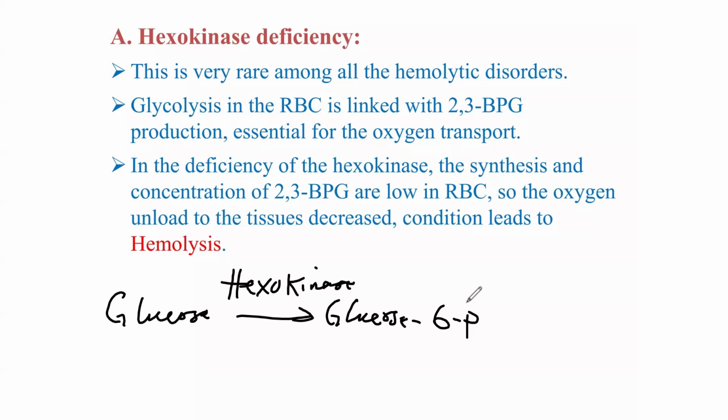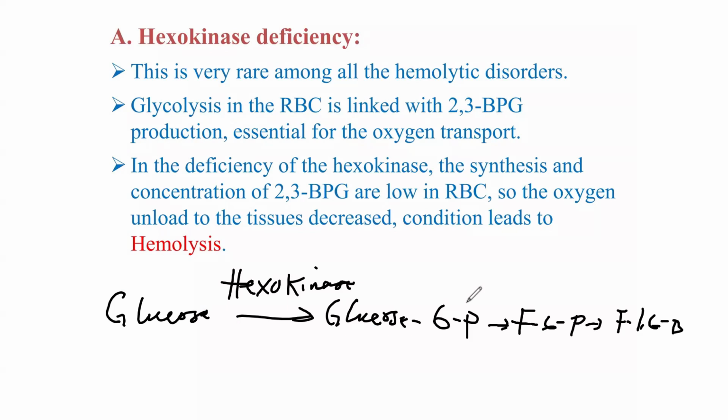And one thing that we should understand is that glycolysis involves exactly 10 steps, where glucose is converted into glucose 6-phosphate, from glucose 6-phosphate to fructose 6-phosphate, and from fructose 6-phosphate to fructose 1,6-bisphosphate.